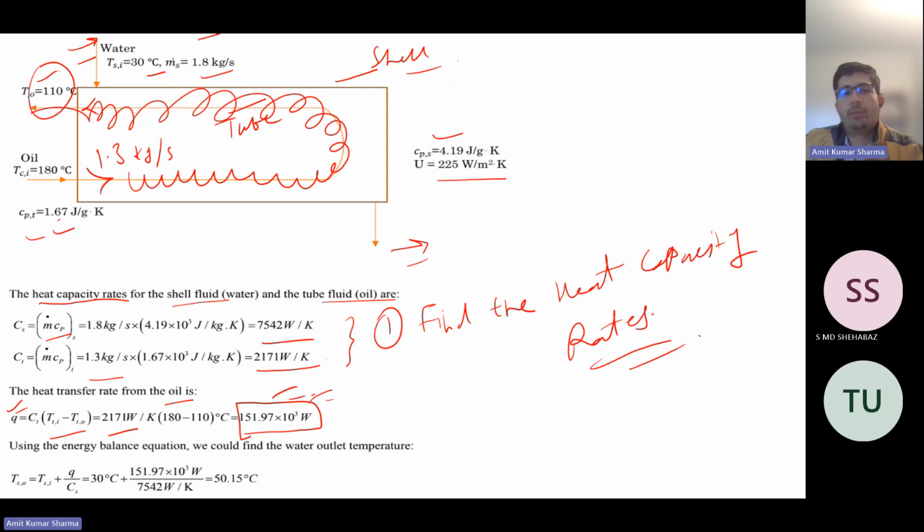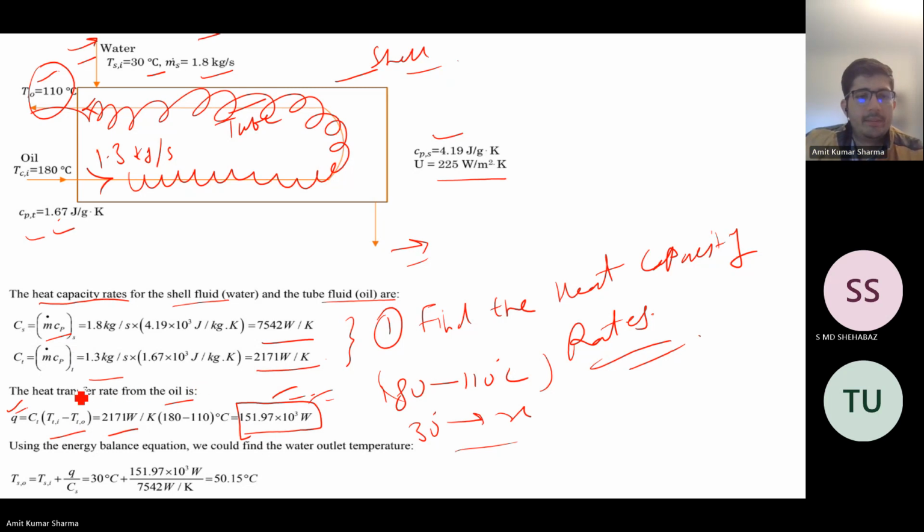So the temperature of oil is decreasing from 180 degree to 110 degree centigrade, and the water is increasing from 30 degree to suppose X. Okay, so apply the energy balance, just write the same formula for water and solve it. So you will get T plus Q upon heat capacity.